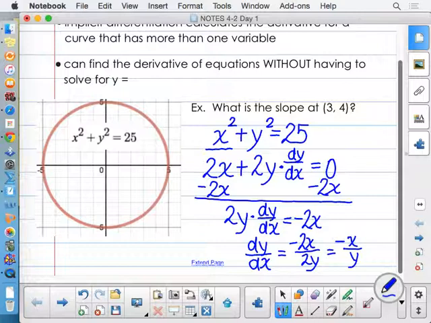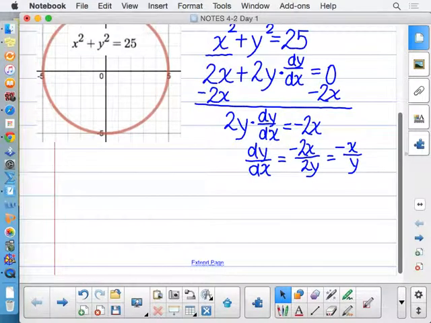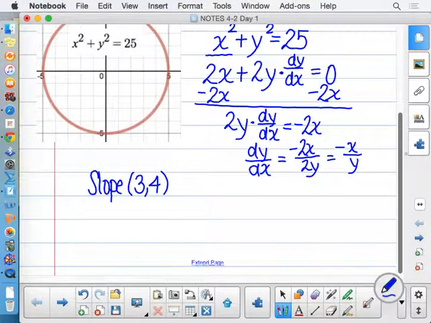Knowing that that's the derivative of this function, then I can go along and use that derivative in order to calculate the slope at (3, 4). So slope at (3, 4) of our circle up there, and what we're looking for essentially, and this is good calc notation, is we're going to use this derivative function with the ordered pair (3, 4) as our input values and tell what that's worth.